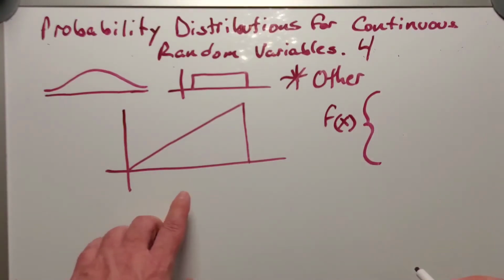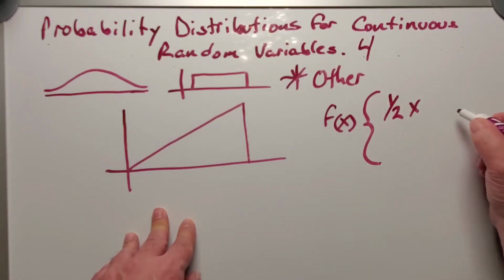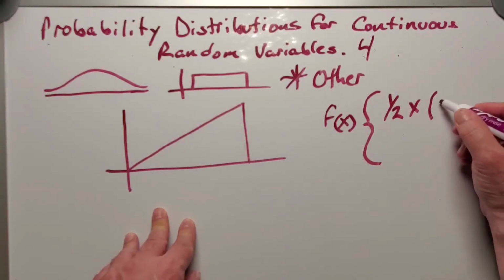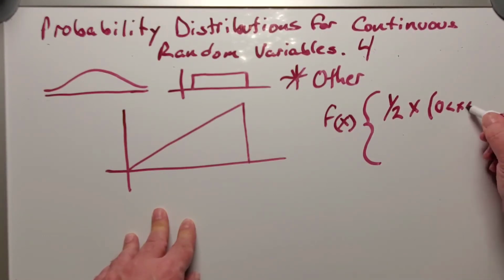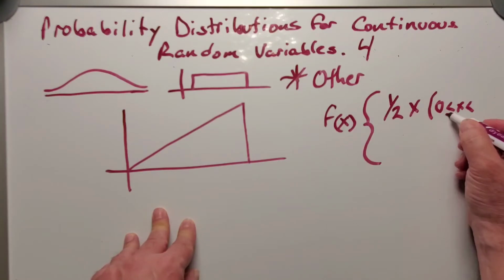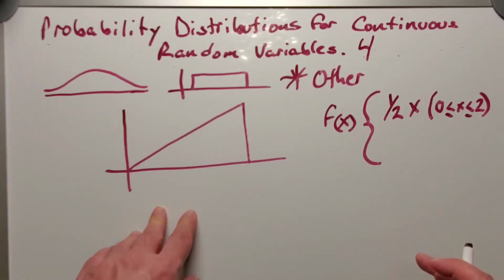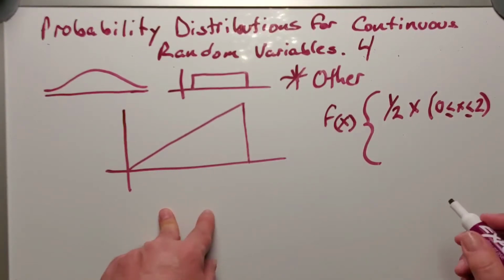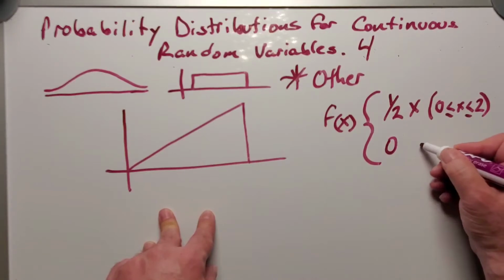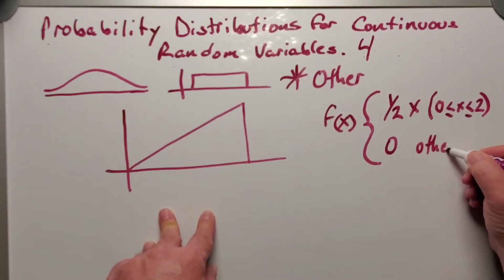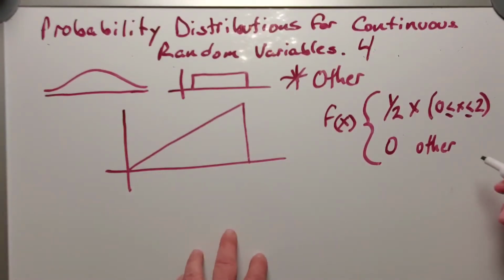I'm going to say that our probability distribution takes on the function 1/2 x for all values between 0 and 2. You may be wondering why I decided on 2. I'm going to show you that in a minute. And the value of this function is 0 otherwise. That means beyond 2 on the right and on the left.